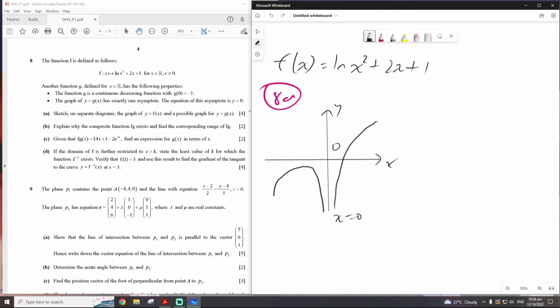It just seems to decrease without any bounds. So there's a turning point here, and this turning point is important for the later part.